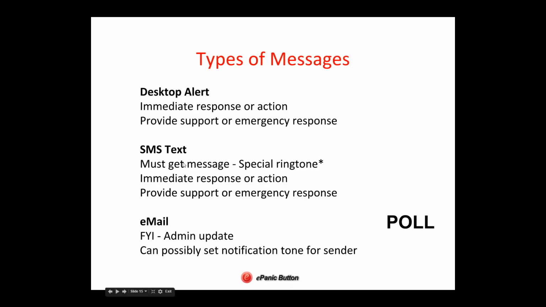That's who you want to get the pop-up alert. Same idea with text messages. Someone's maybe walking in the hallways, so send them a text, because most people carry their phone on them. And I covered earlier how to create a special ringtone so they know, wow, that came from this person, I need to look at it.